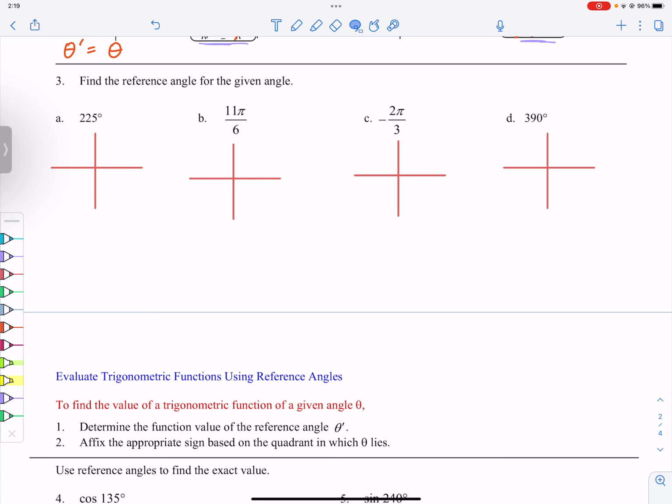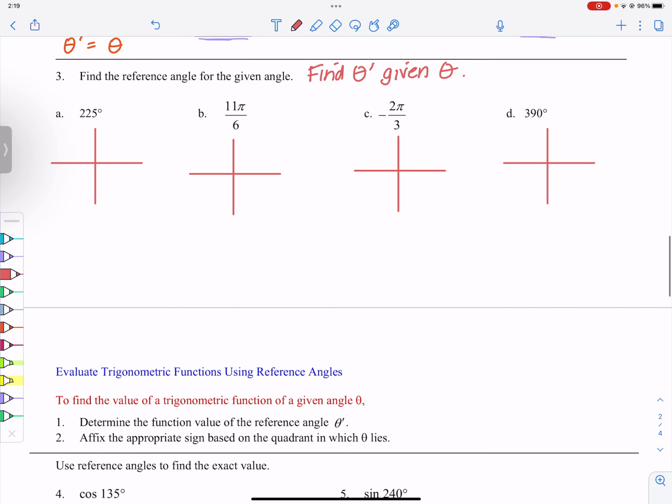Okay, so in this first example, 3A, we're looking for the reference angle. So we want to find the reference angle given theta. So here, 225 is what theta is, okay?